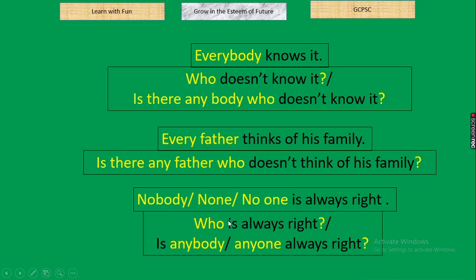The alternative is we will take the helping verb at the beginning, then instead of nobody, there will be anybody, and instead of none or no one, there will be anyone.